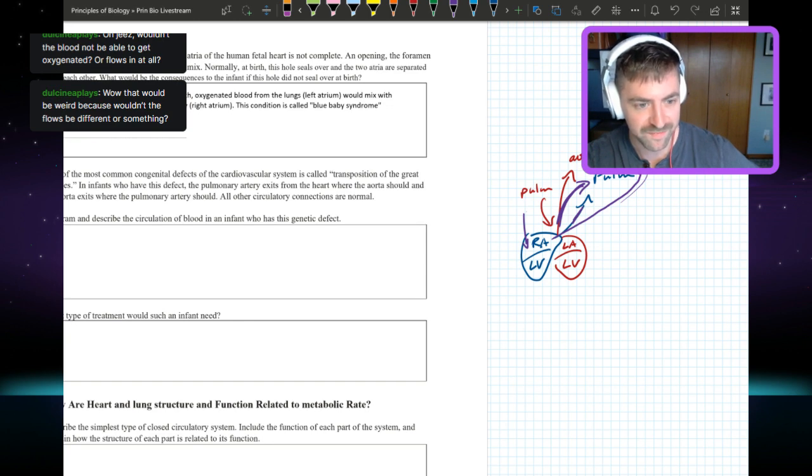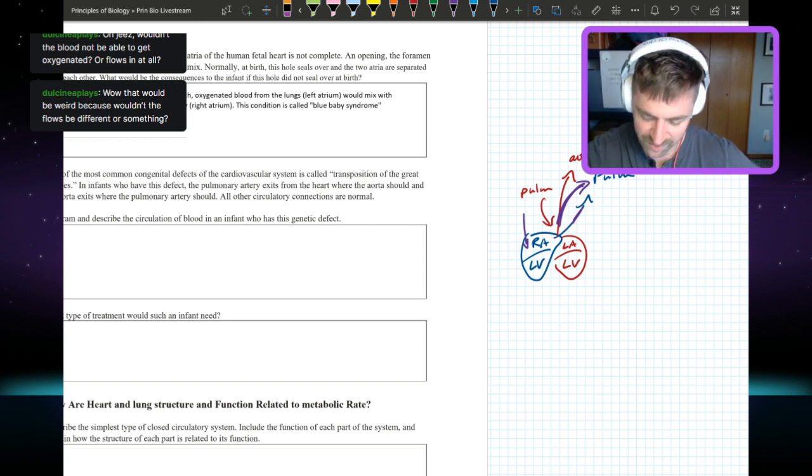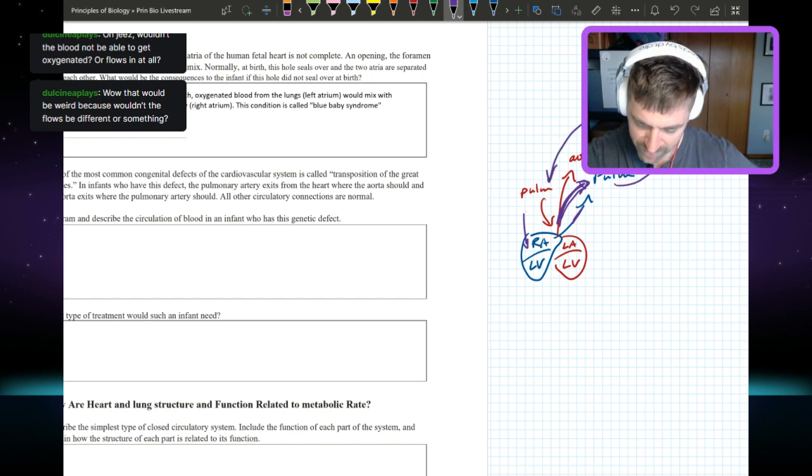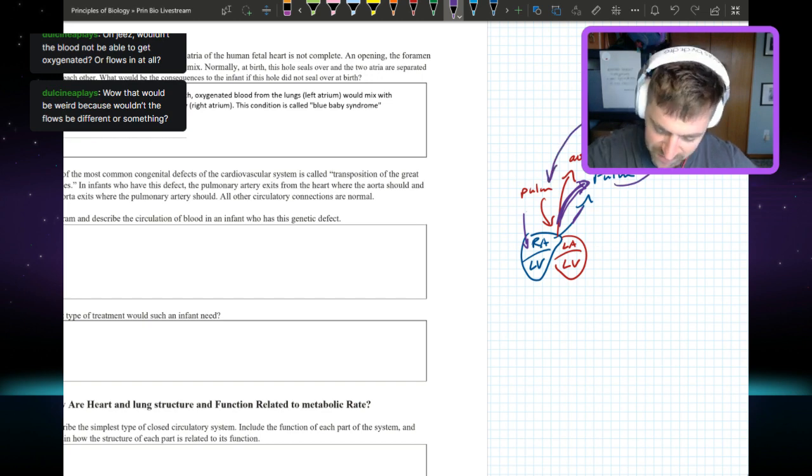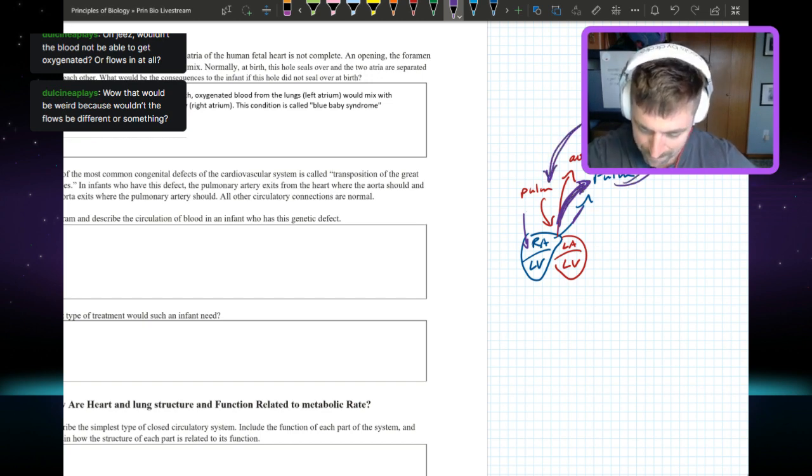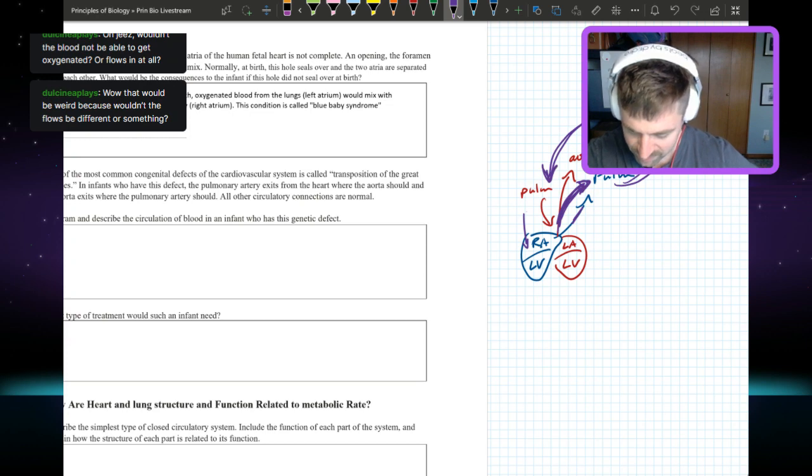Yeah, flows will be different. Two separate circulatory systems are set up. One pumps the blood from the left side of the heart. We're going to rest coronary circuit and back to the right atrium.